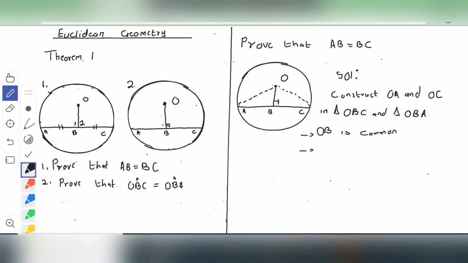So the second one, we are given that angle OPC is equals to angle OPA. Reason is that both equal 90 degrees.